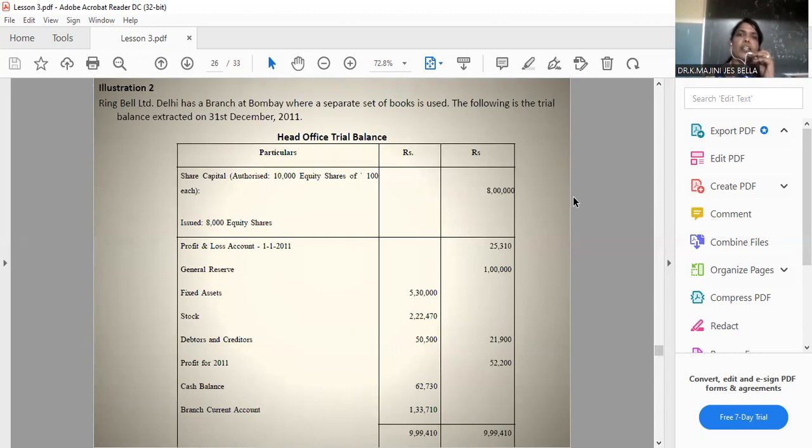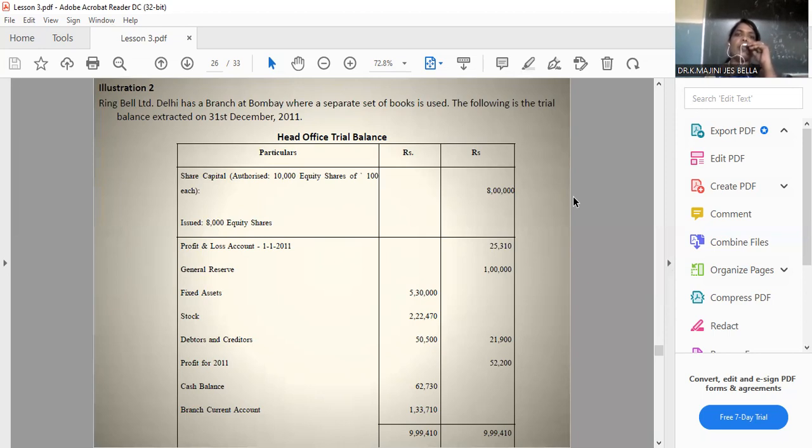Next, we'll move for the next illustration. Just I wanted to read the question. Ringbell Limited, Delhi has a branch at Bombay where a separate set of books is used. The following is the trial balance extracted on 31st December 2011.